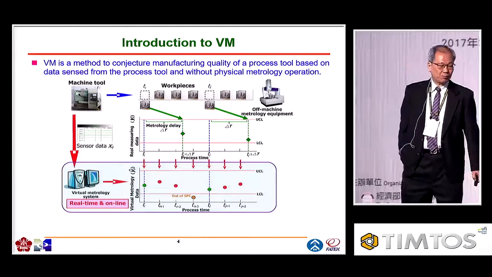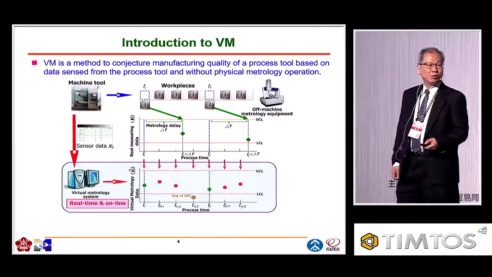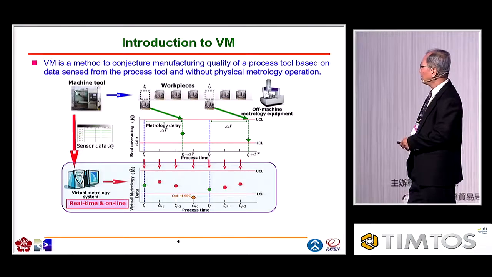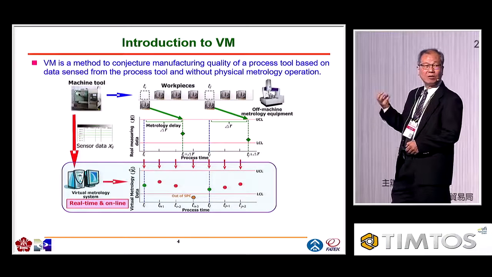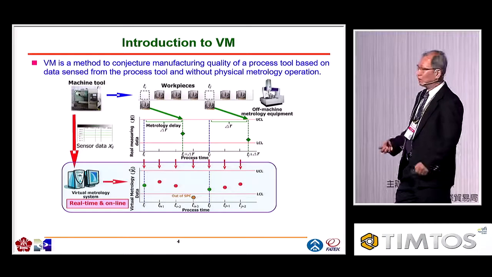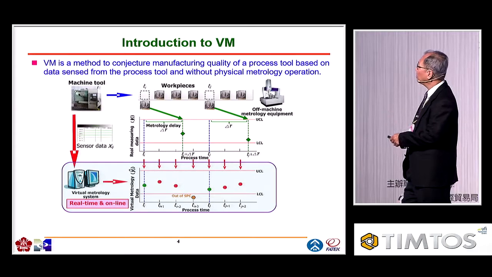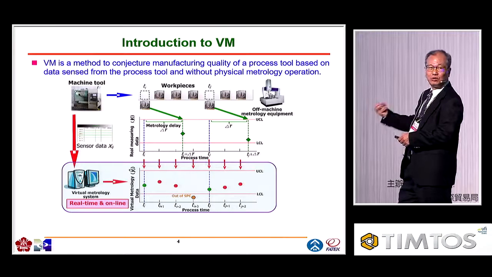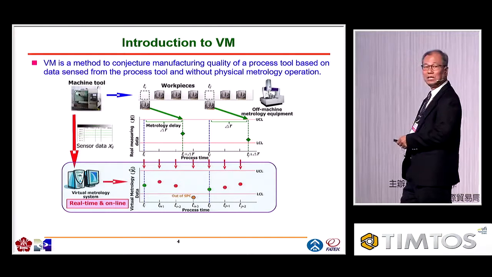Then we can use a prediction algorithm, something like neural networks or multi-regression, to train this model. Then after training, we have a virtual metrology model, and we put it into the computer. Then during normal machining, after finishing the machining, we can collect all of the sensor data in real time.